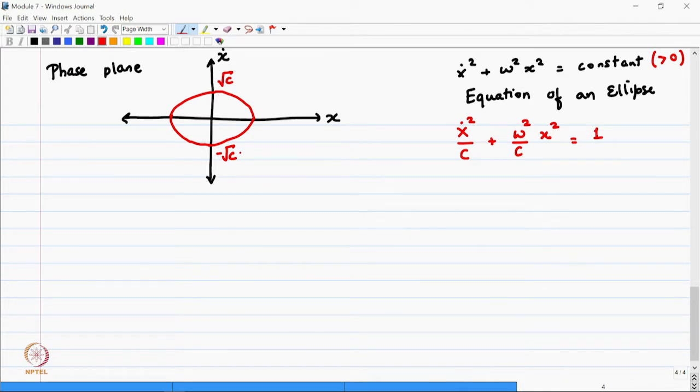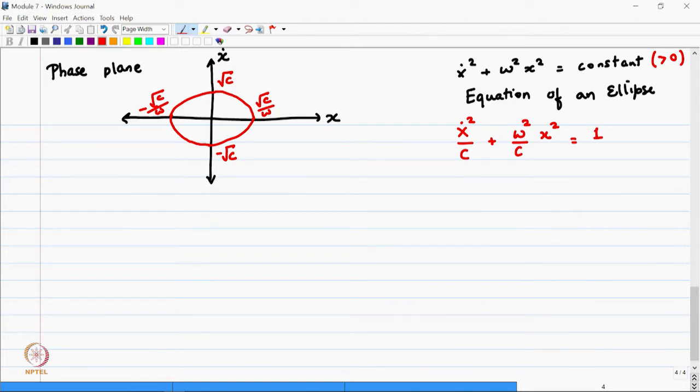That is right here. When x dot equal to 0, that is along the x axis, then x is equal to square root of c by omega, and minus square root of c by omega. So any point on the ellipse has to satisfy this.